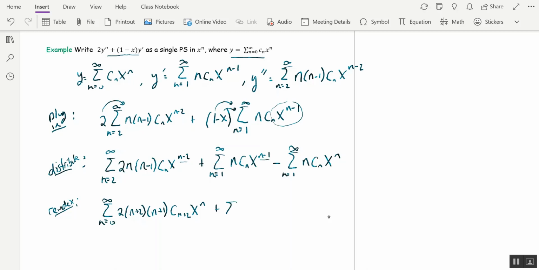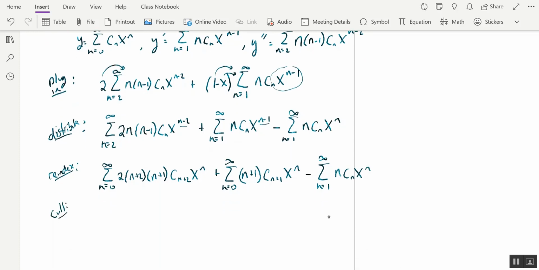So that one will start at 0 also. And I'll have n plus 1, c_(n+1), x to the n. And the last one I don't have to reindex because it's already in x to the n. Okay, now I need to cull. And what I mean by that is before I can combine, they all have to start at 1. The first 2 power series don't start at 1.